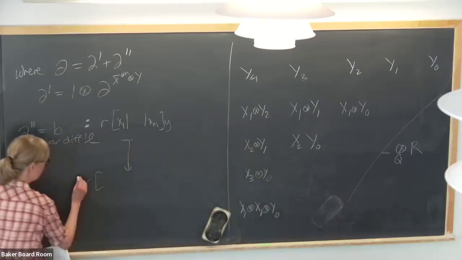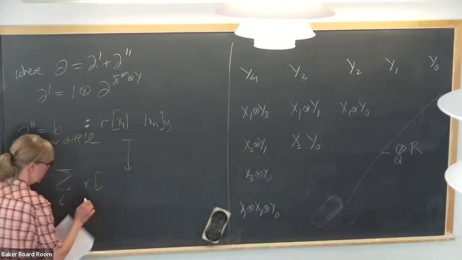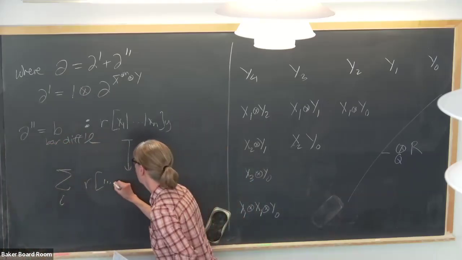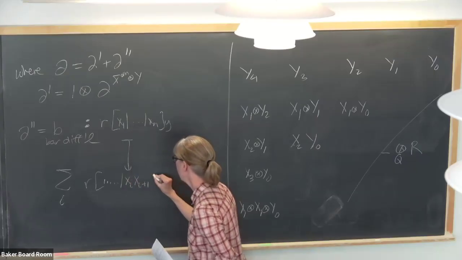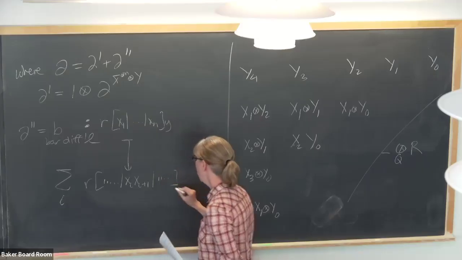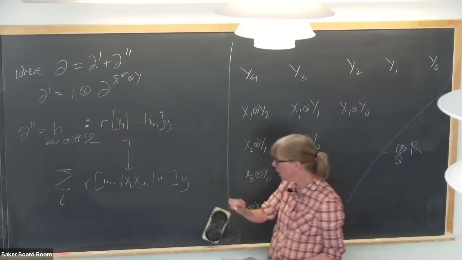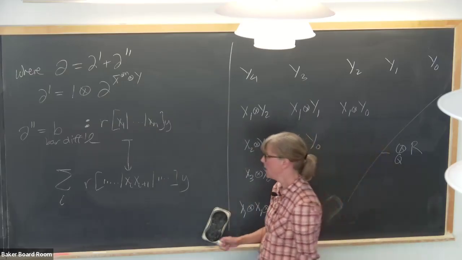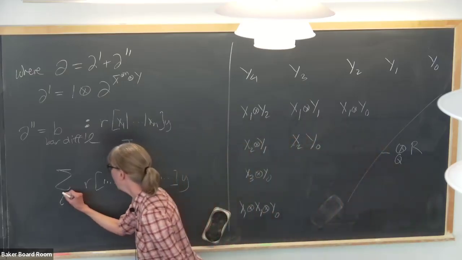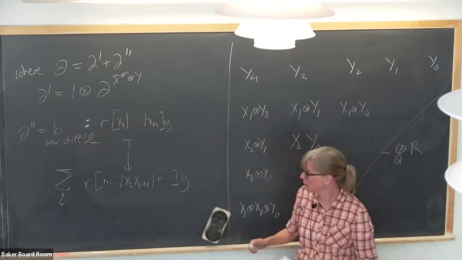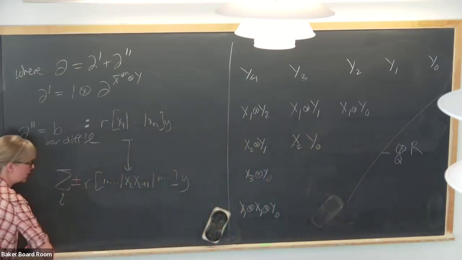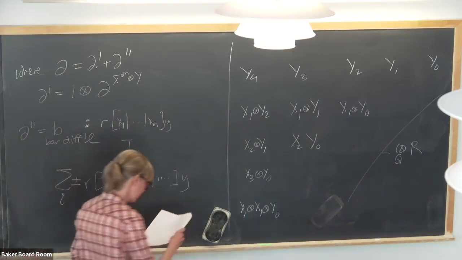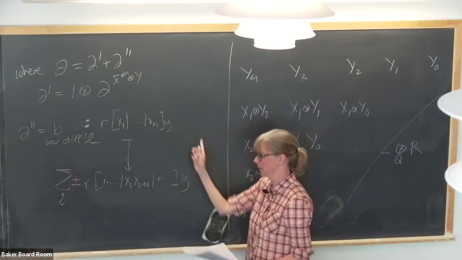But the other products are there. Maybe I'll just write the sum over i of R times x1 bar up to multiply xi by xi plus 1 bar, up to xn, tensor with y. So you go over all i and you multiply all the adjacent factors together. And I forgot something very important: this is all with plus or minus signs. And then lastly, you're supposed to multiply xn by y.